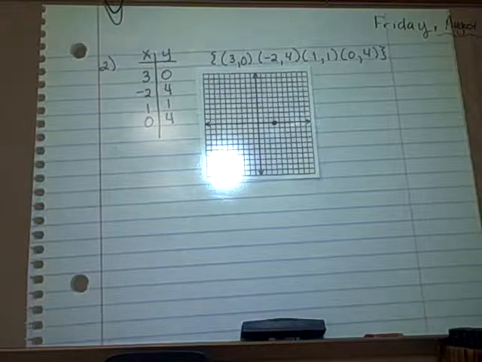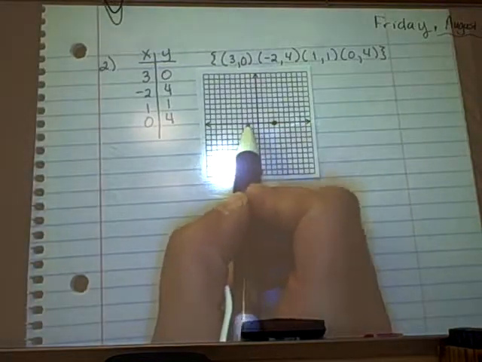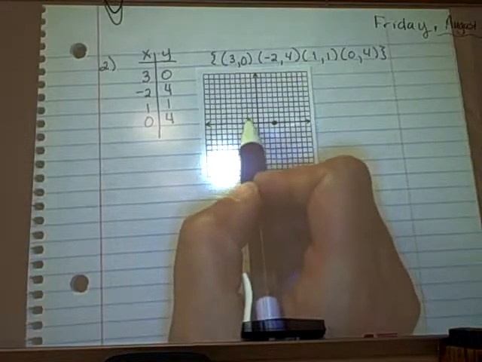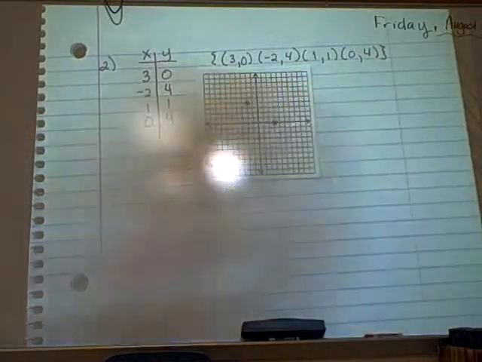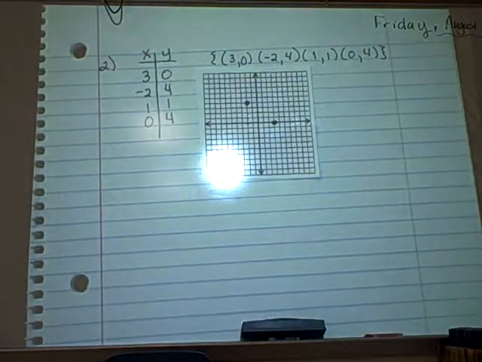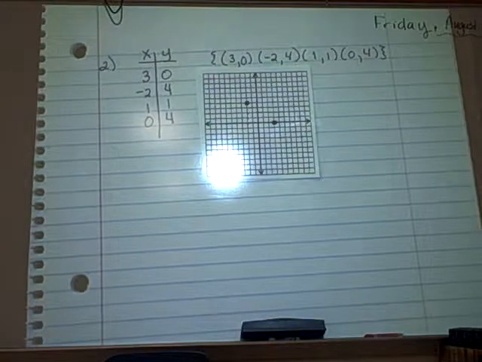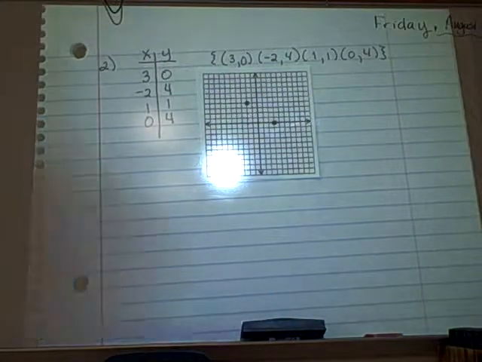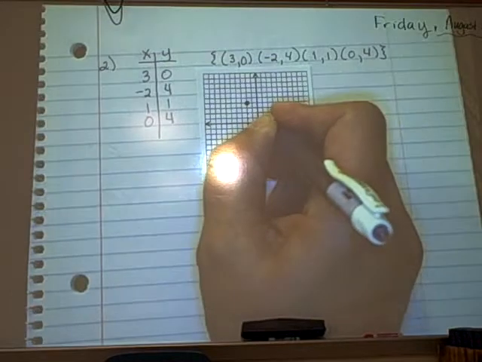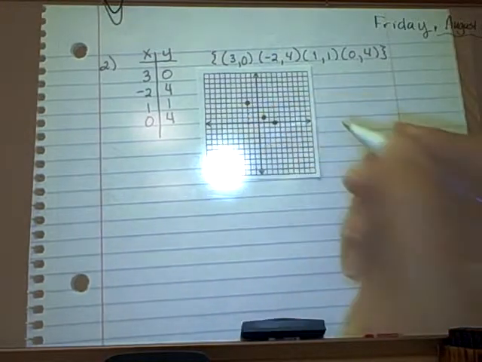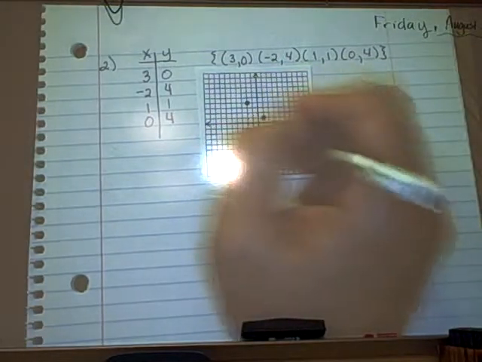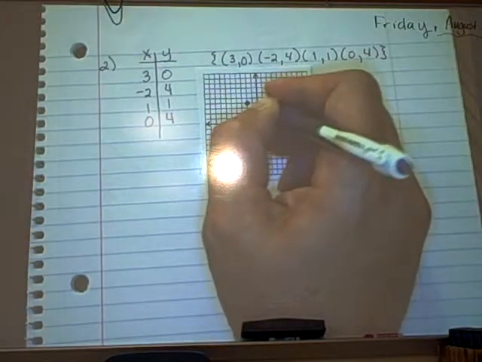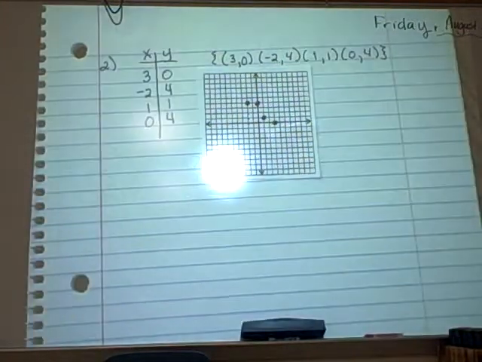The next point is -2, so to the left, -2, +4. So it's right there. 1, 1 is over 1, up 1. And 0, +4, you don't go left or right at all, but you go up to the 4 and put a dot. So there's my 4 dots.